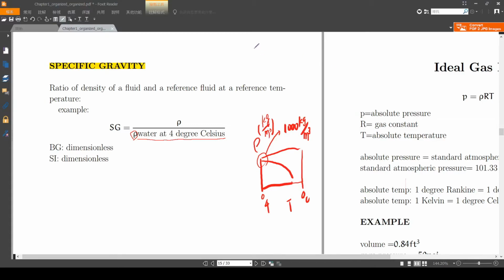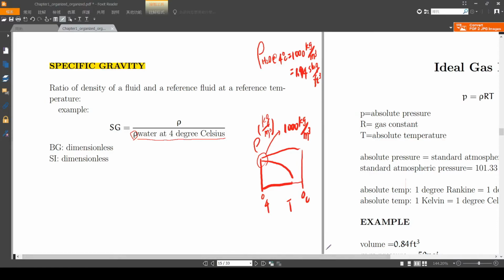I'll write it here. This is the water density at 4 degrees Celsius, equal to 1,000 kilograms per cubic meter. And then in the BG system, this is equal to 1.94 slug per cubic foot. Remember, in the BG system, the mass unit is slug. Okay, this is the specific gravity.